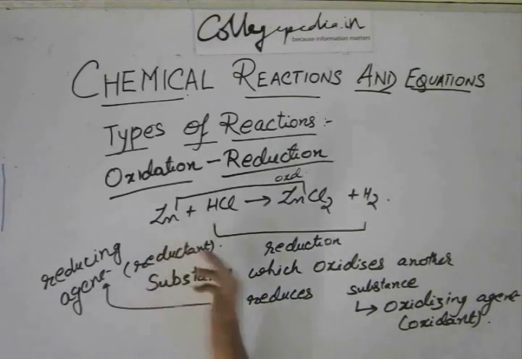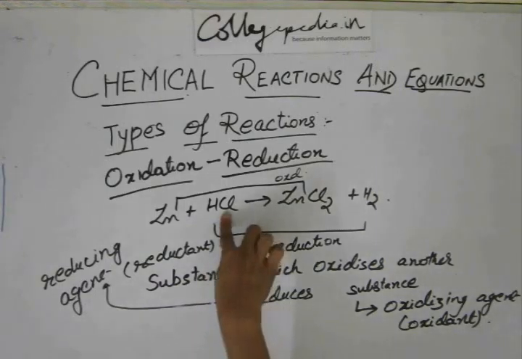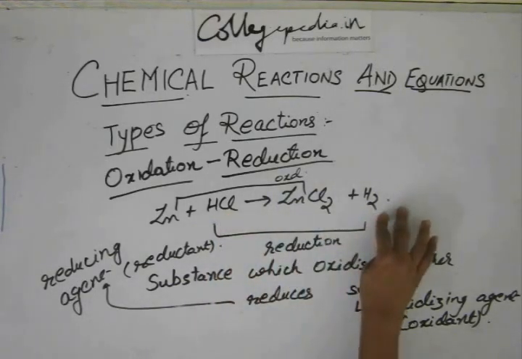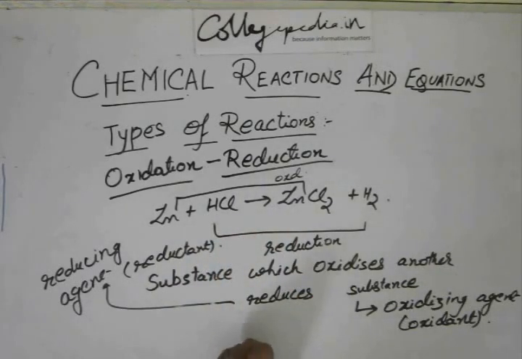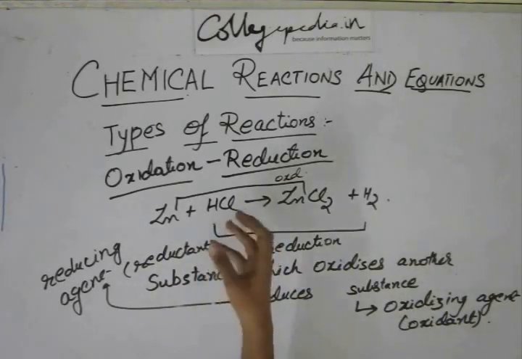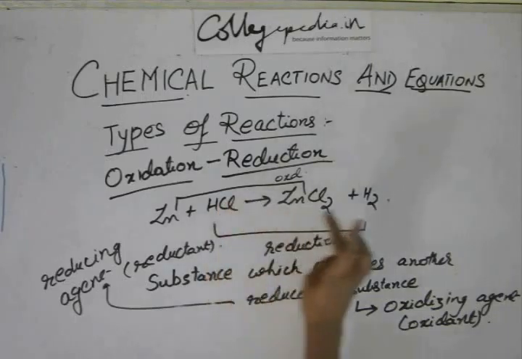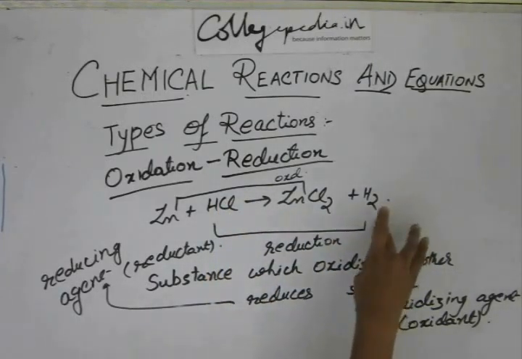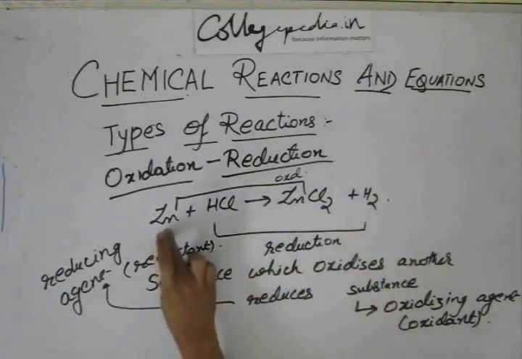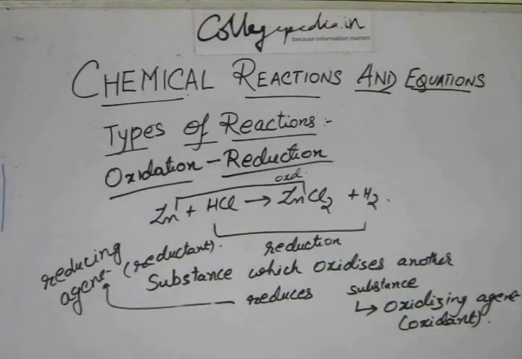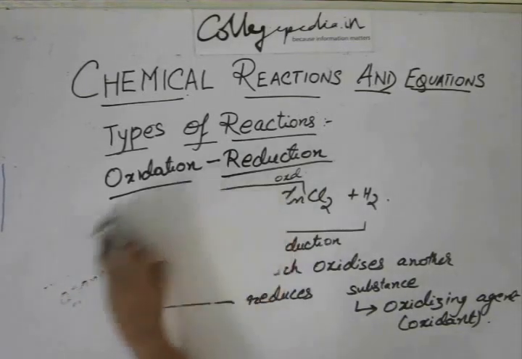And zinc, by accepting chlorine from hydrochloric acid, takes away this chlorine so that hydrochloric acid can be reduced to hydrogen. So zinc becomes the reducing agent. They can ask you which is the oxidizing agent, which is the reducing agent.